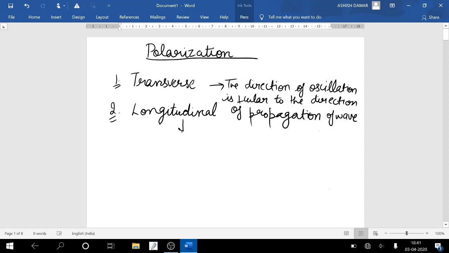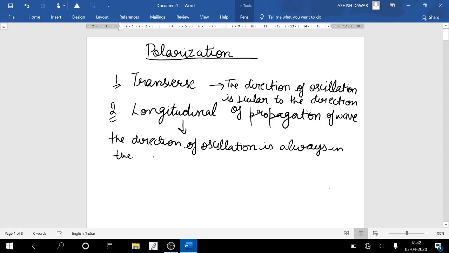Okay, in case of longitudinal waves, the direction of oscillation is always in the direction of propagation of the wave. Okay, so now what is polarization?